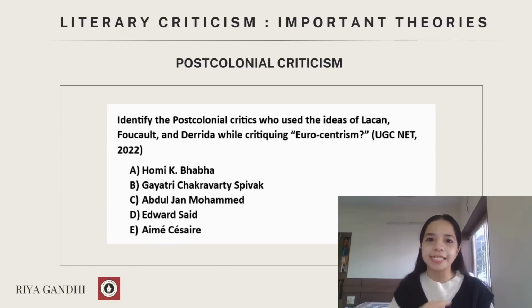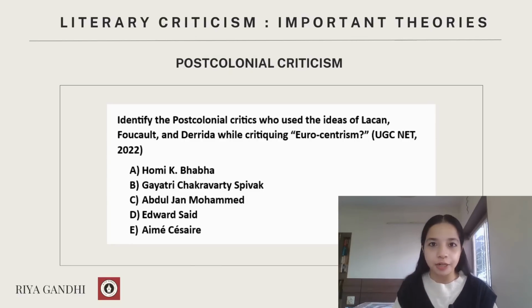Moving on to the next important literary theory, we have post-colonial criticism. Post-colonial criticism is again very important for the UGC NET English exam because a lot of questions are repeatedly asked related to the post-colonial theorists and some of the most important terms associated with them.